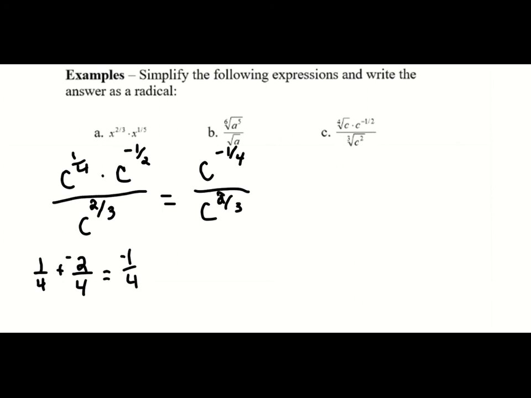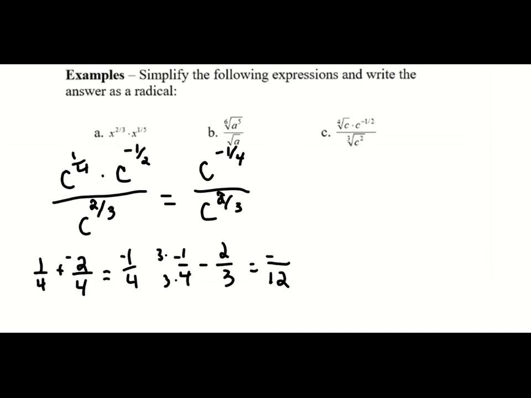Now, before I deal with that negative, I'm going to simplify this down to one single power. When we divide powers, we subtract exponents. So now I'm going to do negative 1/4 minus 2/3. And we'll use a common denominator here of 12. So if I multiply 4 times 3, it will be that times 3.